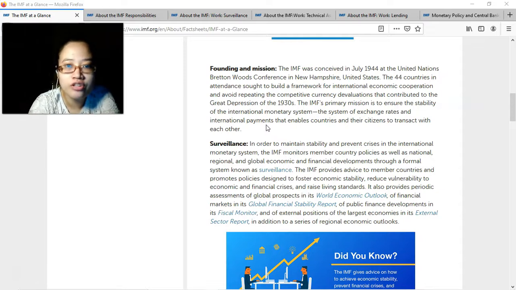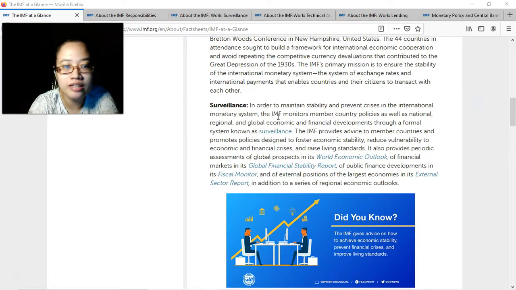Okay. So for surveillance, in order to maintain stability and prevent crisis in the international monetary system, the IMF monitors member country policies as well as national, regional, and global economic and financial developments through a formal system known as surveillance. The IMF provides advice to member countries and promotes policies designed to foster economic stability, reduce vulnerability to economic and financial crisis, and raise living standards.